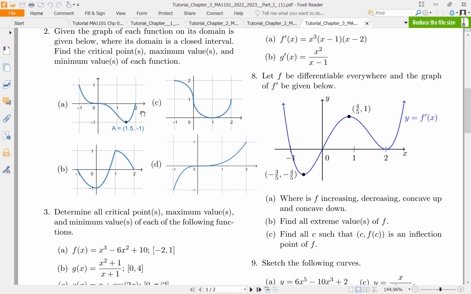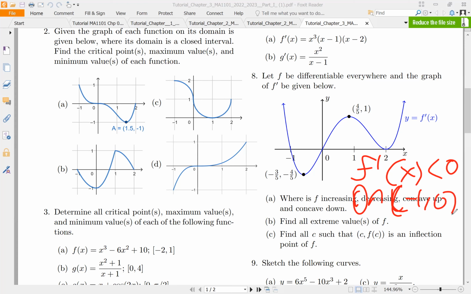You'll see in the picture that f'(x) is negative on the interval (-1, 0). Since f'(x) is negative on the interval (-1, 0), the conclusion will be f is decreasing on the interval (-1, 0).